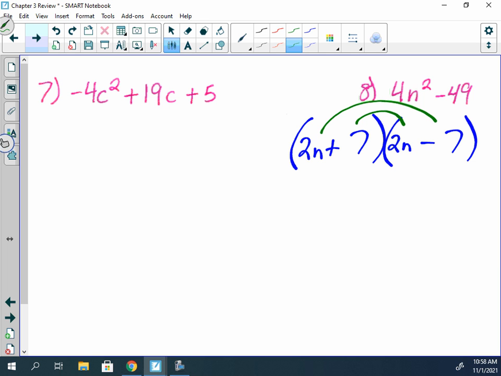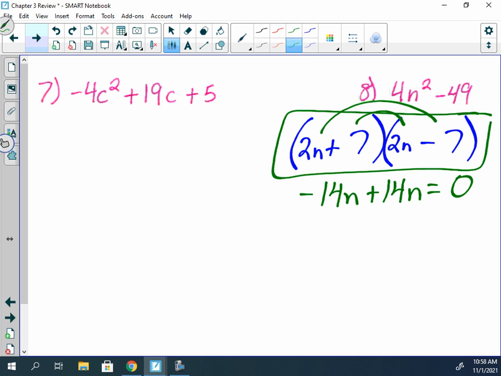Because 2n times negative 7 would be negative 14n. 7 times 2n is plus 14n, which gives us 0. Because did we have a term with n to the first power? Well, no, we had 4n squared minus 49. There's no middle term, so we should expect it to come out to be 0. And that's it. Any other questions on 7 or 8?